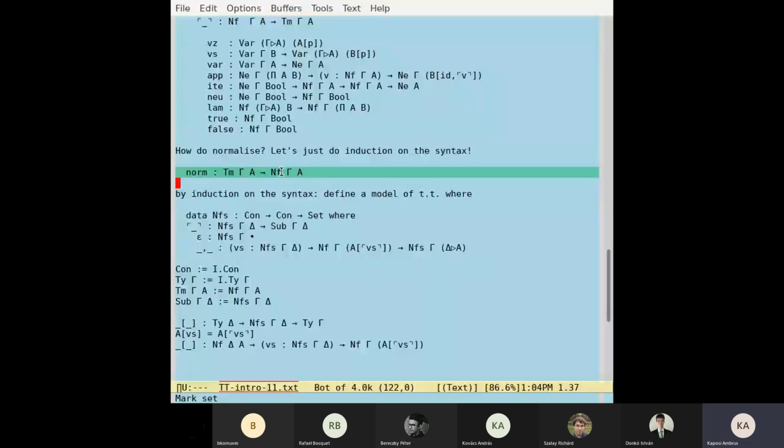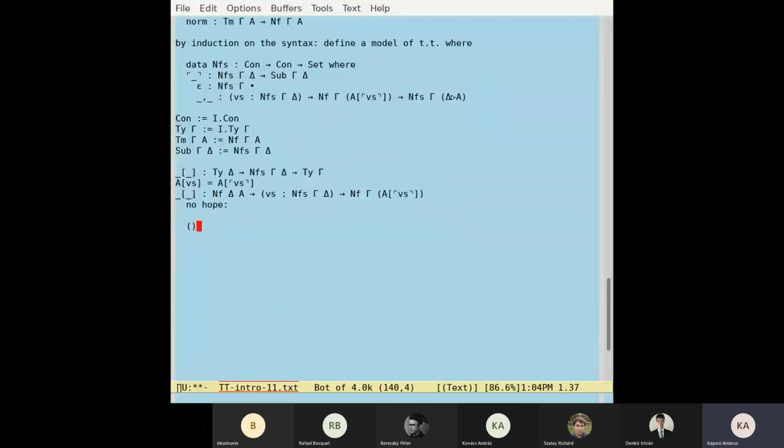So no hope here. Why? Let's say I have such a term, X applied to true. Then I substitute it with some normal form where X is substituted by some lambda Y dot if Y then something complicated else something else complicated. It will become this one applied to true.